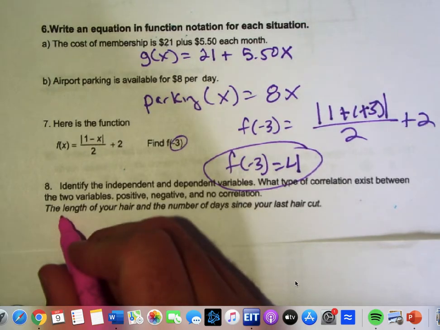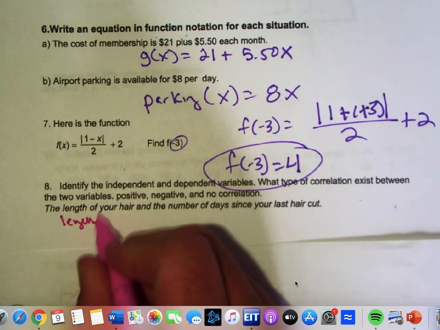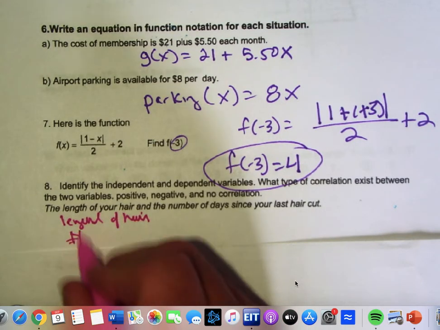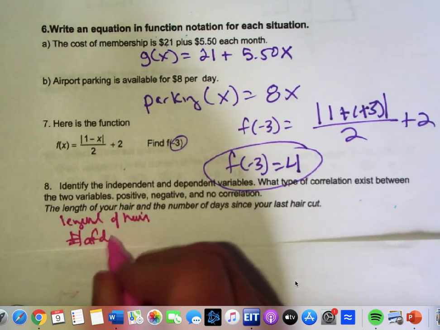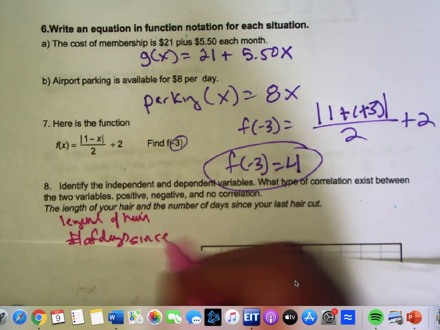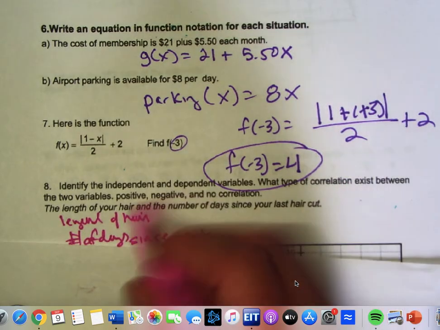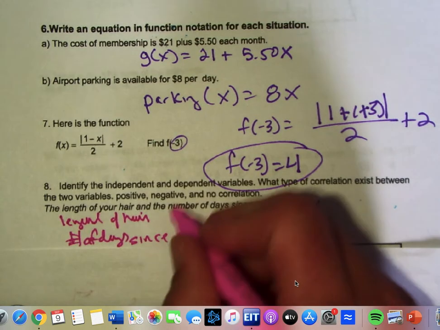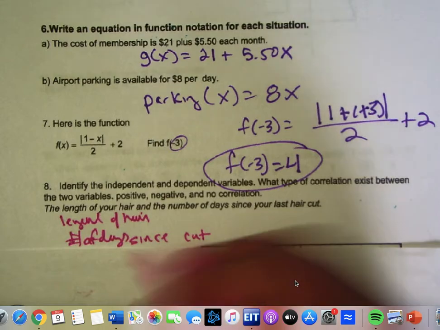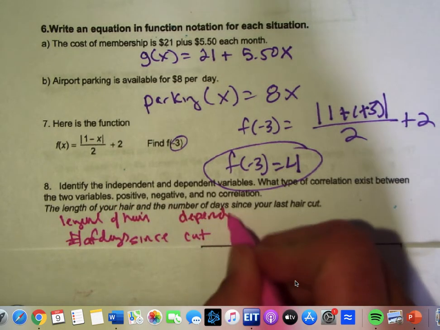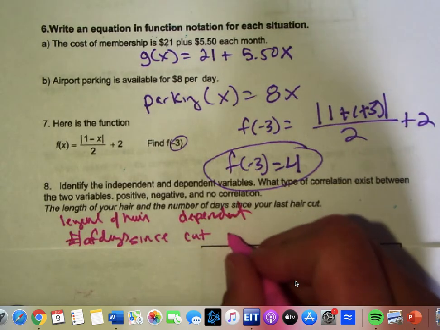So I would say the length of hair and the number of days since cut. So the length of your hair depends on how many days since it was cut. The length of your hair is dependent on how many days since it was cut. The days are independent.